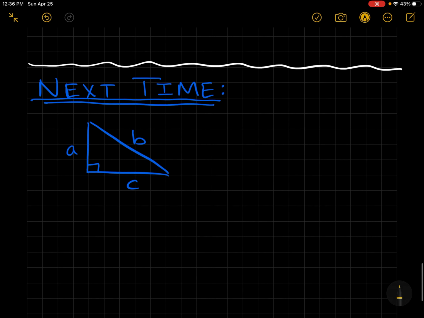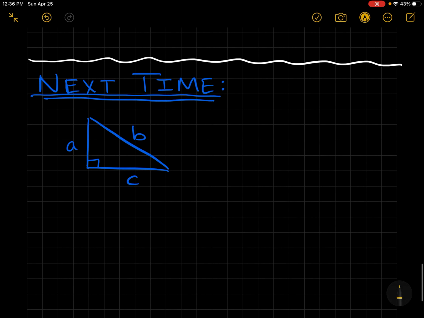And that's a concept that you'll get accustomed to using. The next time, we're going to talk about the other 3 trig ratios. Today, we only learned about 2 trig ratios. So we'll learn about the other 3.